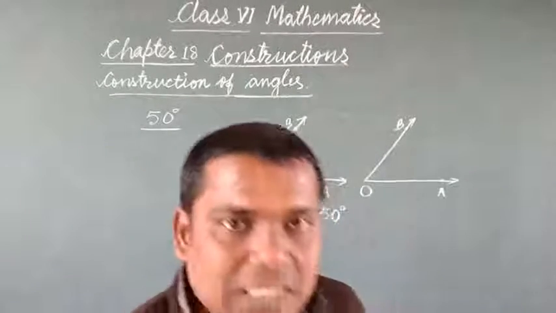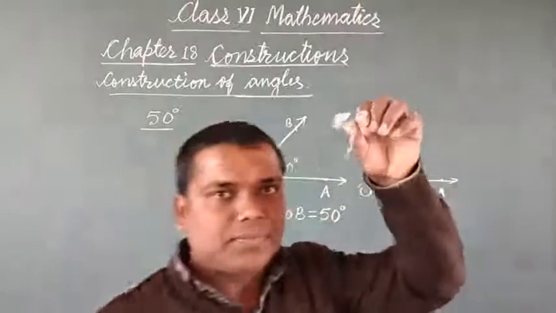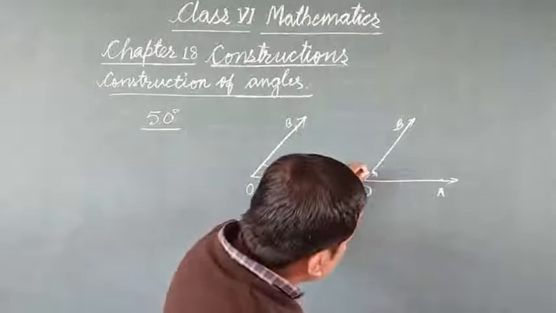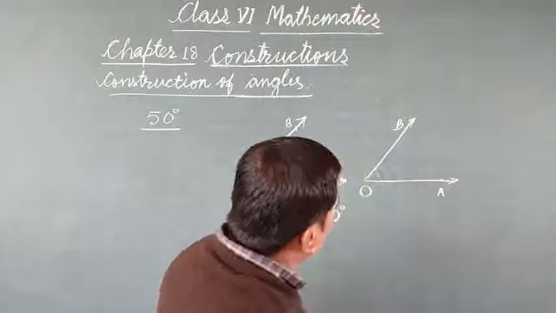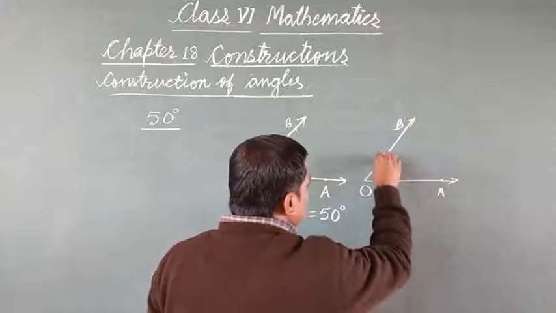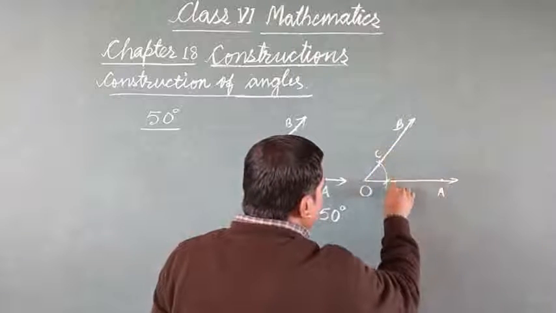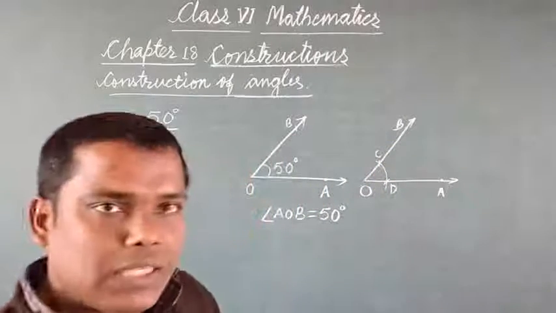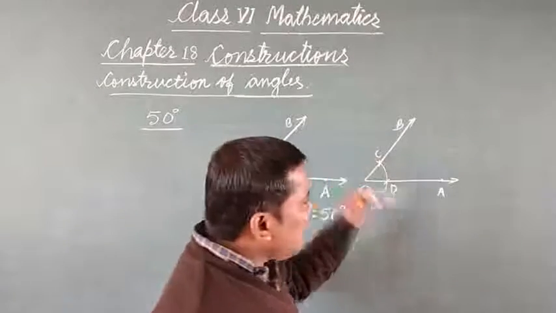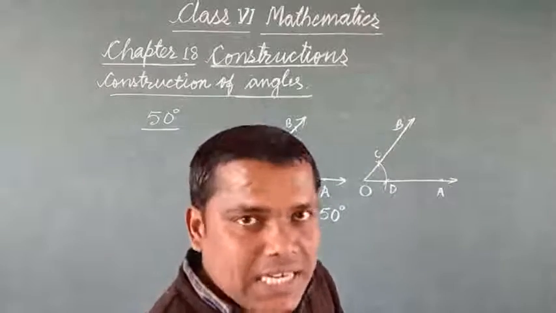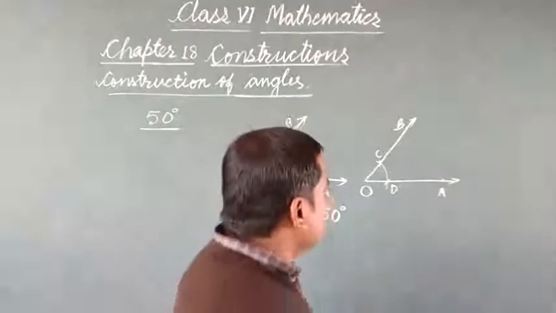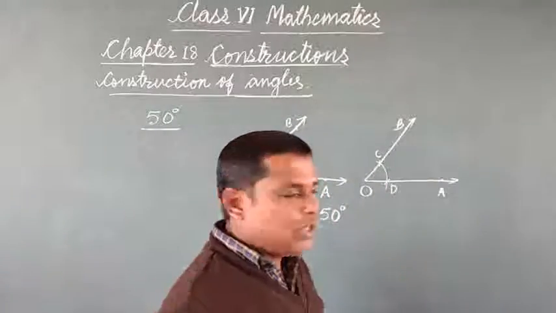Now, I will take this compass. Taking O as a center, I will draw an arc on it. Suppose this arc I have drawn. Here is one point, here is point C, and this is point D. Now, taking points C and D as centers, we will draw arcs of a length greater than half of this one.